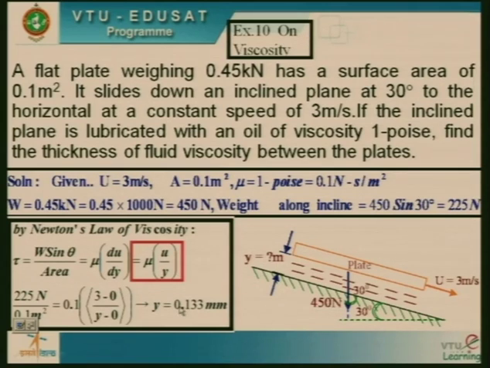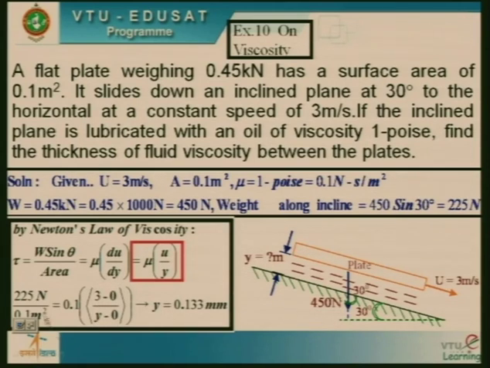I know that you may be thinking I am a bit fast. Do not worry, I repeat the steps so that you can substitute and get the answer. W sin theta 225, area 0.1, mu 0.1, velocity change 3 minus 0, gap change y minus 0.